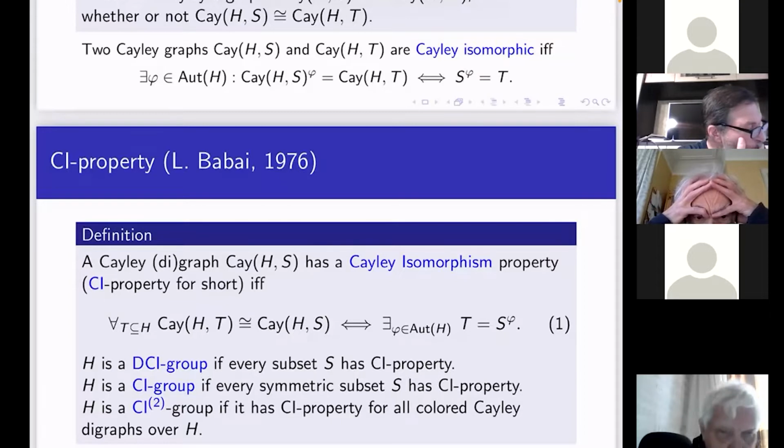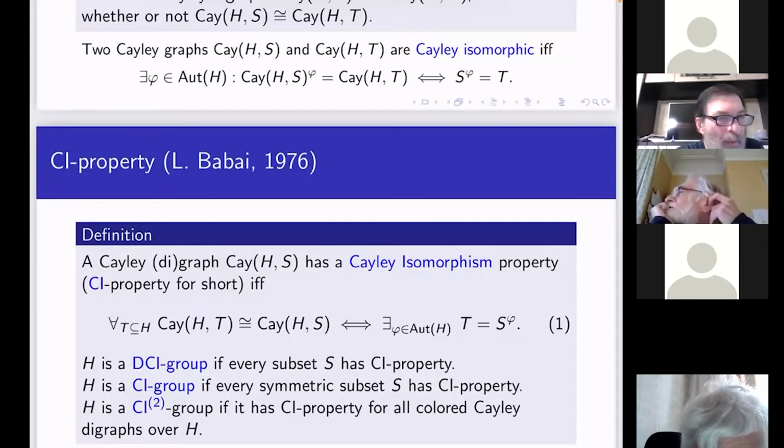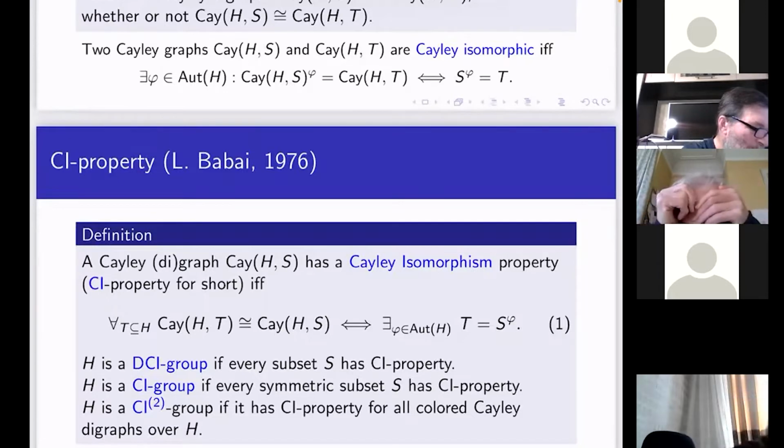So he defined that a Cayley graph has the Cayley isomorphism property, CI property for short, if any other Cayley graph over the same group is isomorphic to the given one if and only if it is Cayley isomorphic. And the group is called a DCI group if every subset has that property.